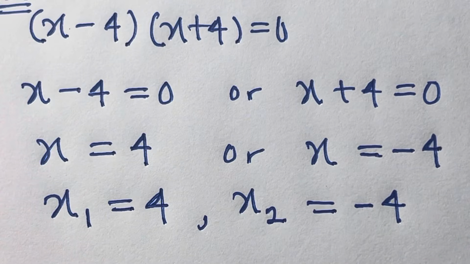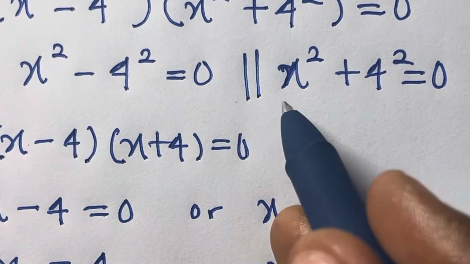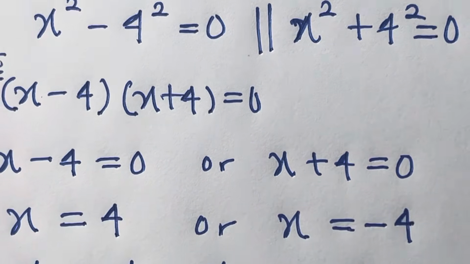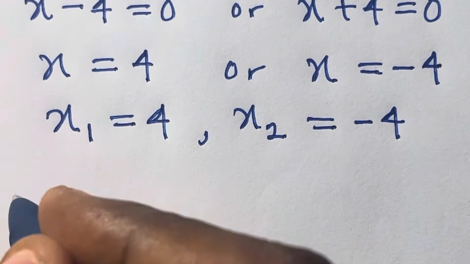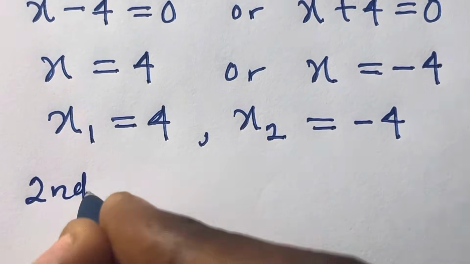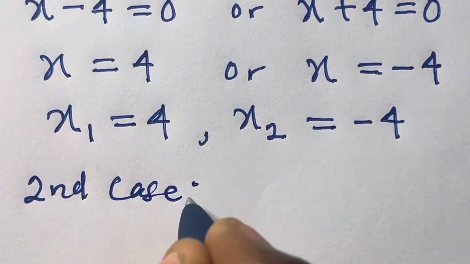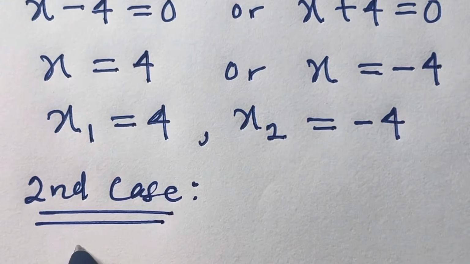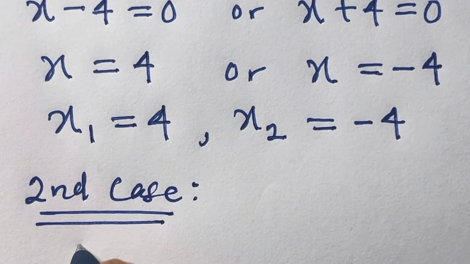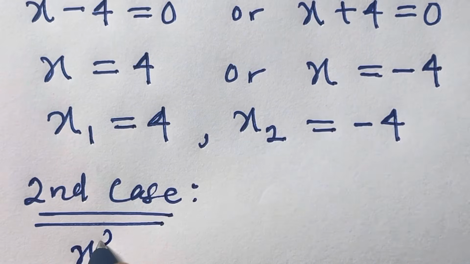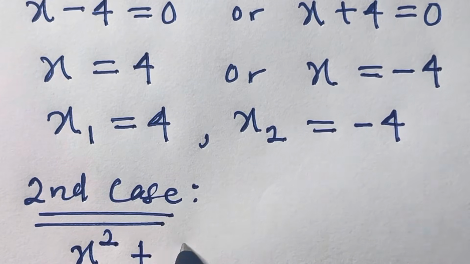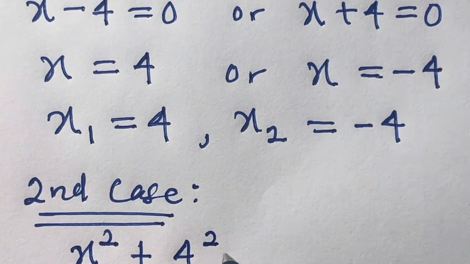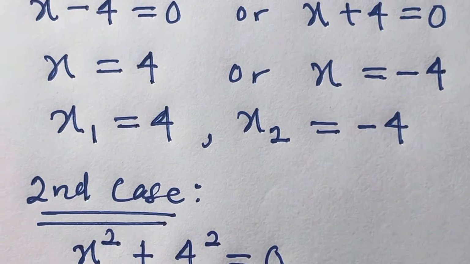All right, and the second case we have is x squared plus 4 squared equals 0.